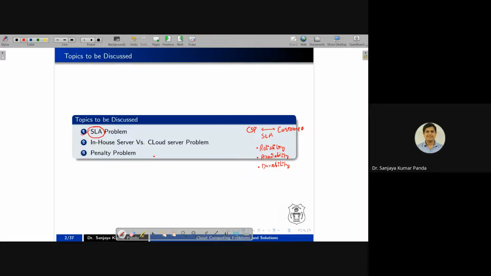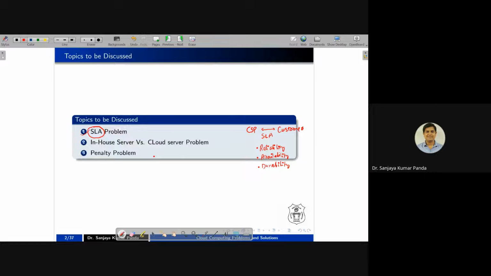Then we'll see a couple of problems in which you are given two estimates. One is called in-house server, another is called cloud server. For example, there is an organization which plans to move to cloud. So they need to estimate the cost required to run their own infrastructure, and they also need to calculate if they migrate to the cloud, how much cost they have to pay to the cloud service provider.